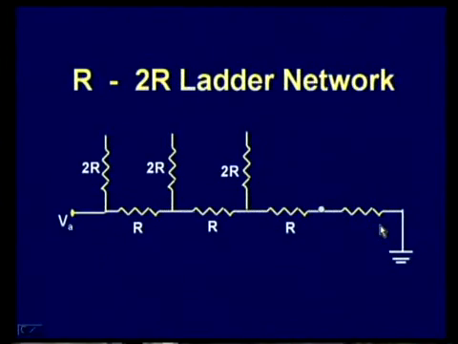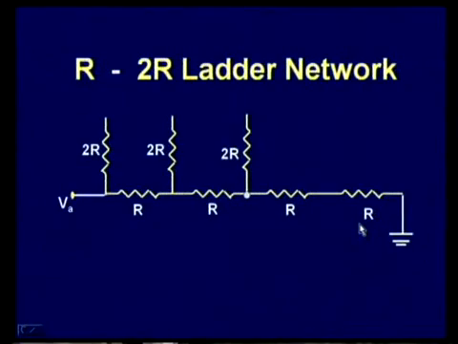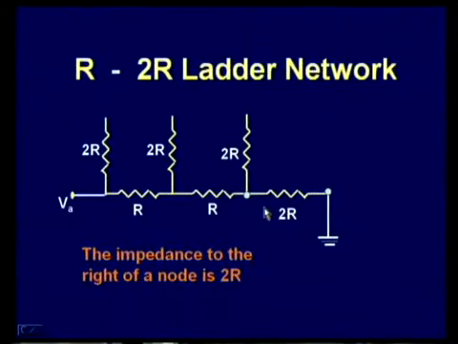So, the overall value is R only. Once these two R's are put in series, the equivalent value is 2R. You can observe that once again to the right of this node the resistance is 2R only. So, the impedance to the right of a node is 2R again.